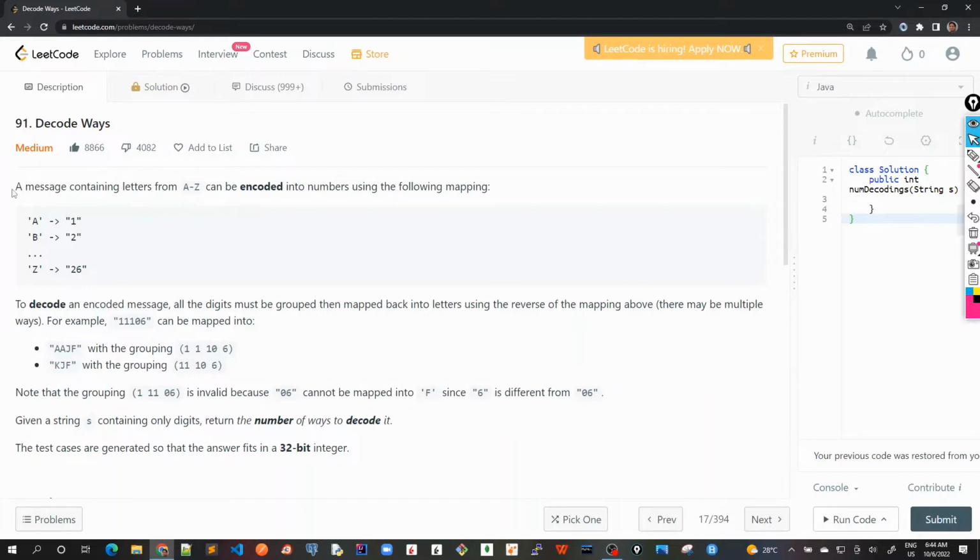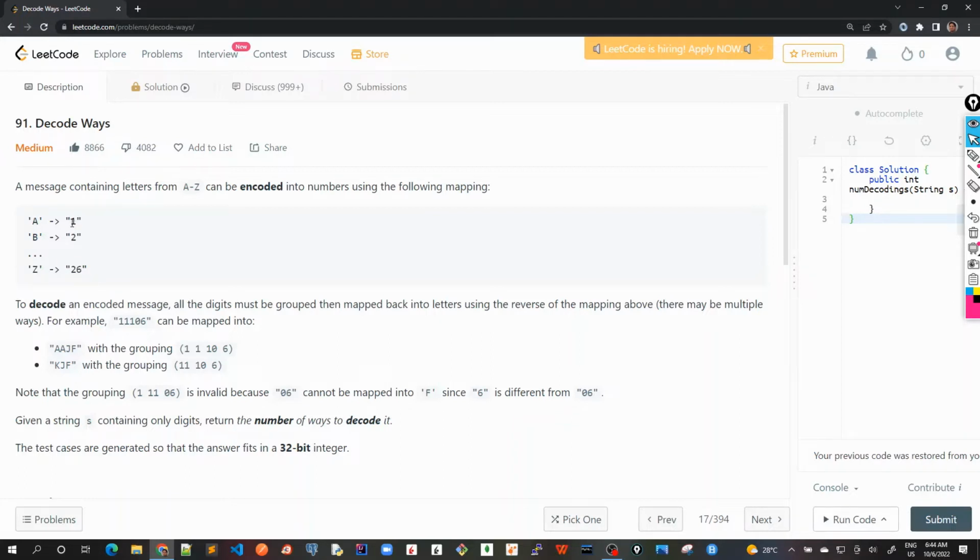A message containing letters from A to Z. So it means that we have a total of 26 letters from A to Z, which can be encoded into numbers using the following mapping. For example, letter A can be mapped with 1, B with 2, and so on till Z mapped to 26.